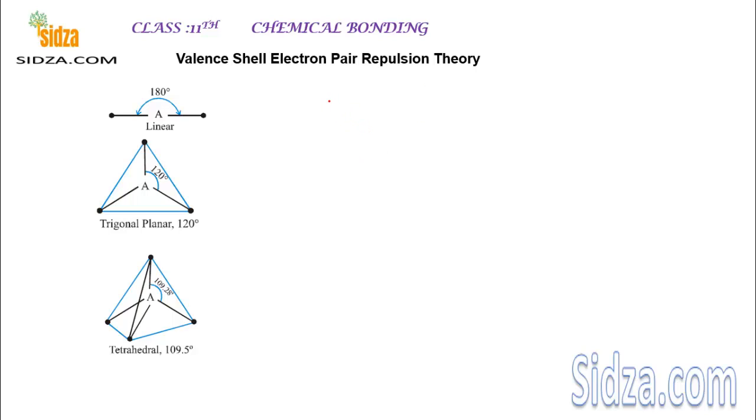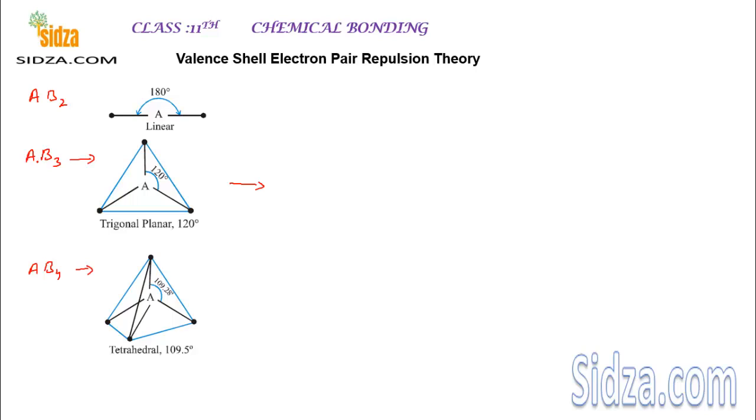Let me do a little bit of modification to this one. Suppose I have an AB3 type molecule here, an AB2 type molecule here, and an AB4 type molecule, and we don't have any lone pair anywhere.